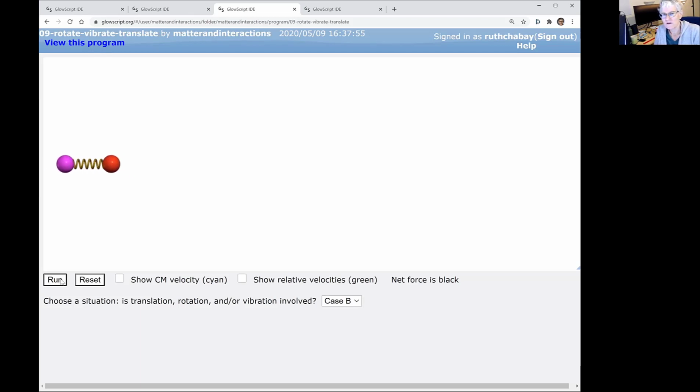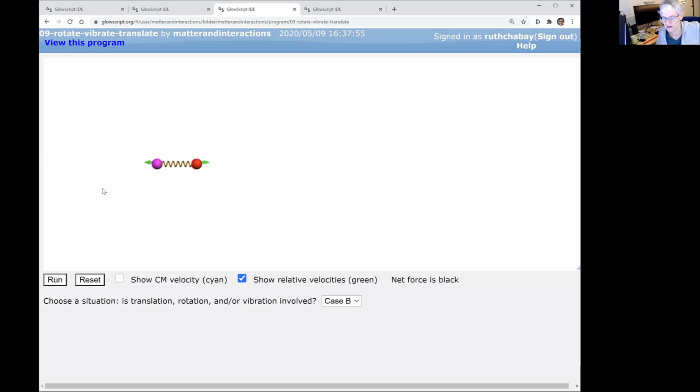Center of mass velocity zero or non-zero? Yeah, the center of mass isn't moving, right? It's just staying there. Is the kinetic energy of this object zero? Nope, kinetic energy isn't zero because these atoms are moving relative to the center of mass.